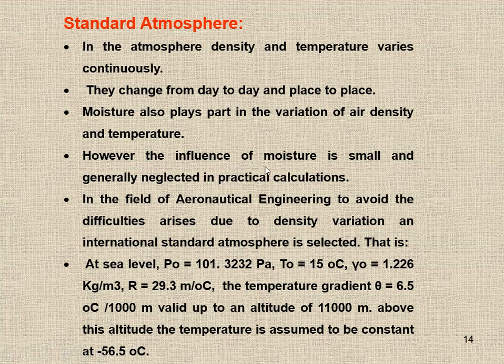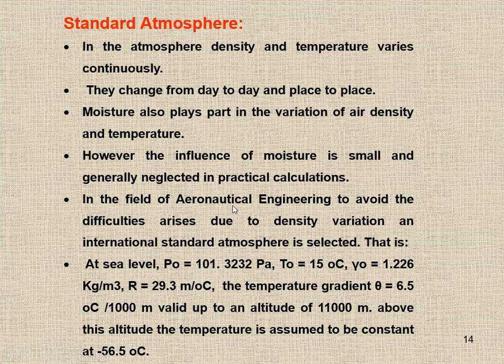However, the influence of moisture is small and generally neglected in practical calculations. The changes due to moisture we do not consider in practical calculations. So we normally consider the changes due to pressure or temperature, and for that we derived the equation in the previous slide.